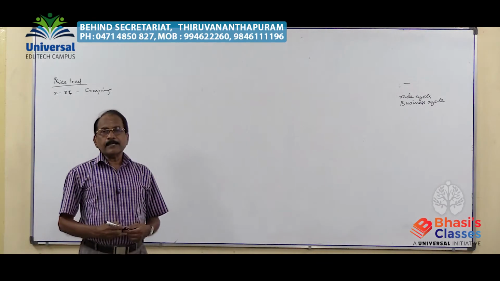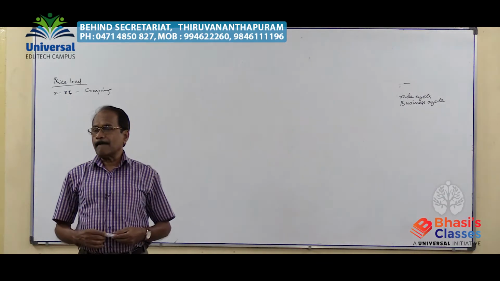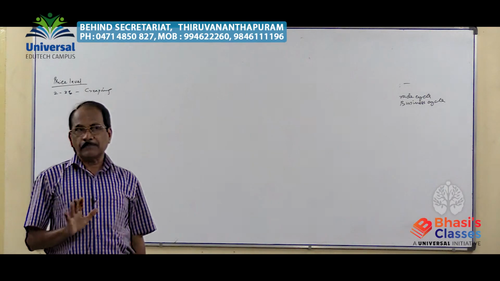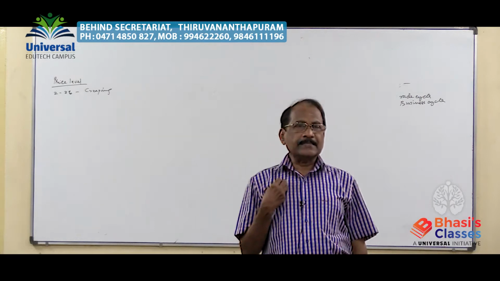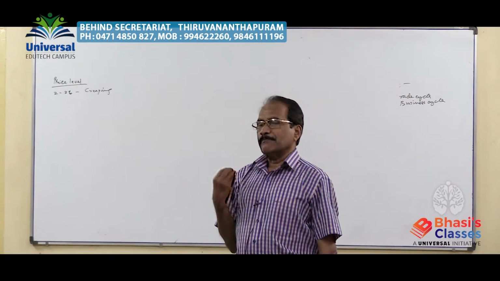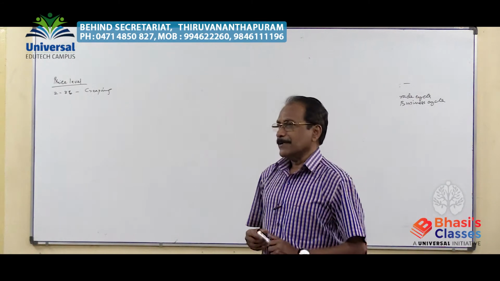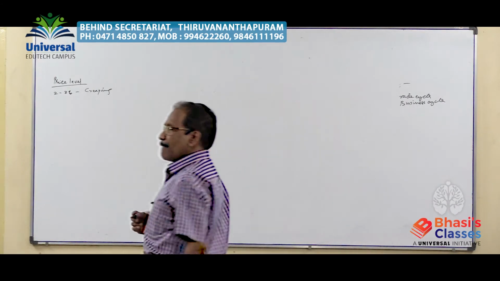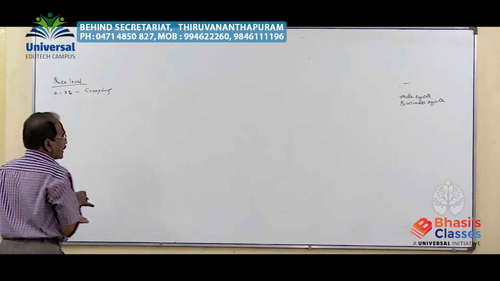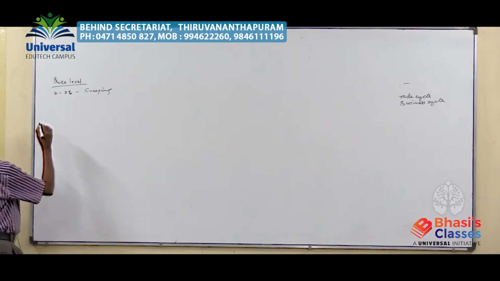Here, the cost of living variation may not be felt by the people, because it is a very small, very mild rise in the general level of prices, and people cannot even recognize such mild inflation creeping into the economy.